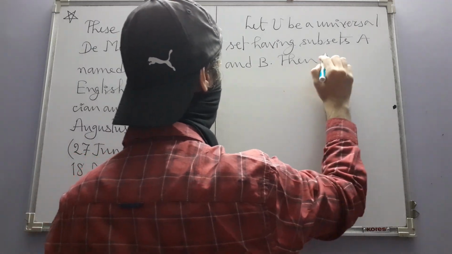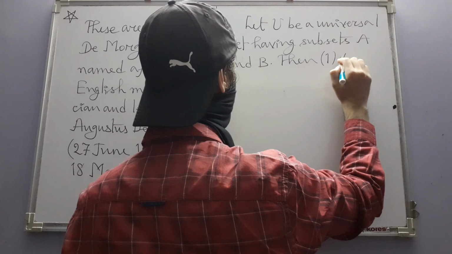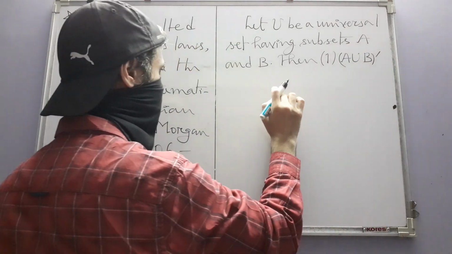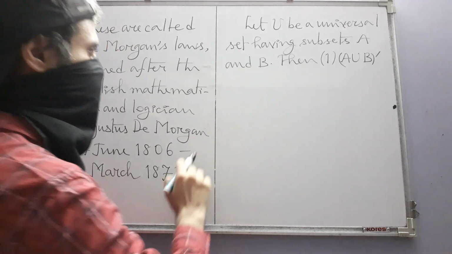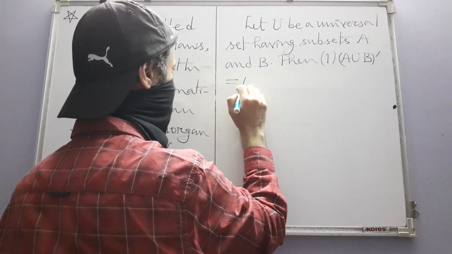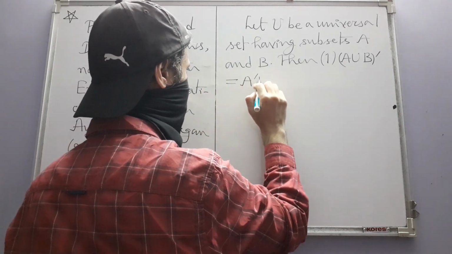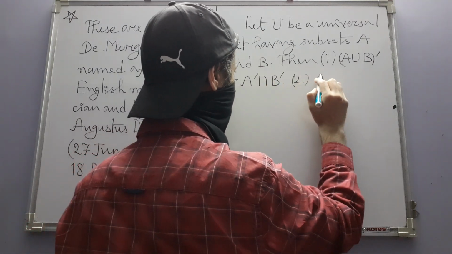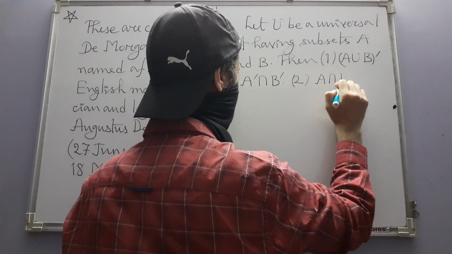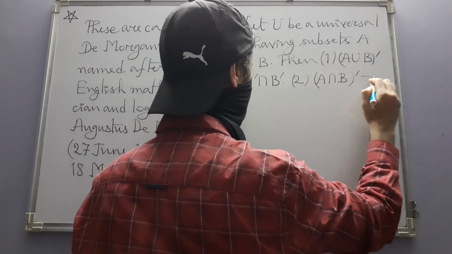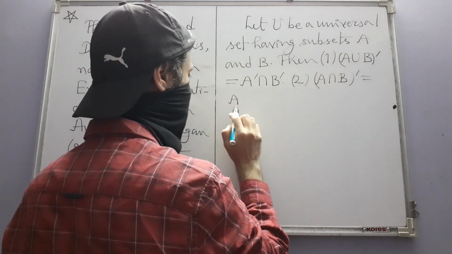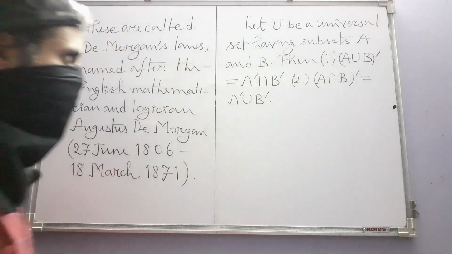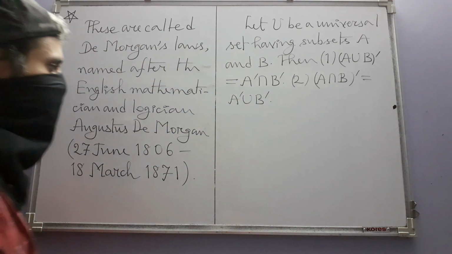Then number 1, A union B complement. Complement is in U, that is understood, is equal to A complement intersection B complement. And number 2, A intersection B complement is equal to A complement union B complement. Let's do number 1 first.